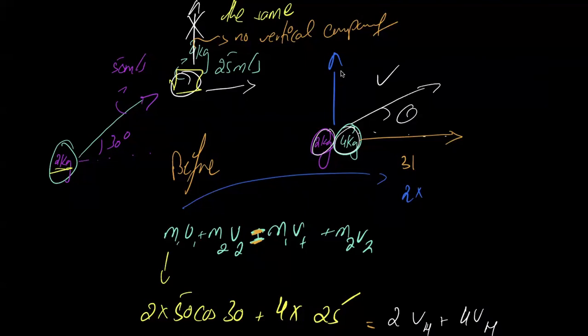We're going to do all of those parts. So guys, it's going to be 2 into 50 sine 30 plus, what's going to be the vertical component of this object? 4 multiplied by what? 4 into what, guys?